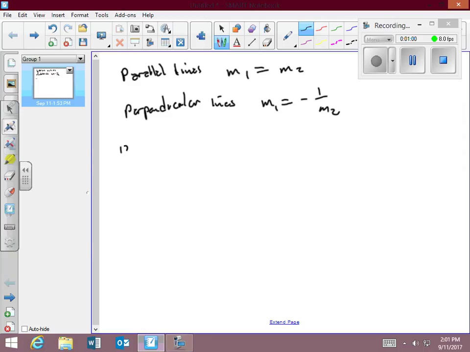So that being said, number 12 says the line y equals minus 2x plus 2/3. Is it parallel to the line y equals a negative 2x plus 3? What's the slope here? M1 is.